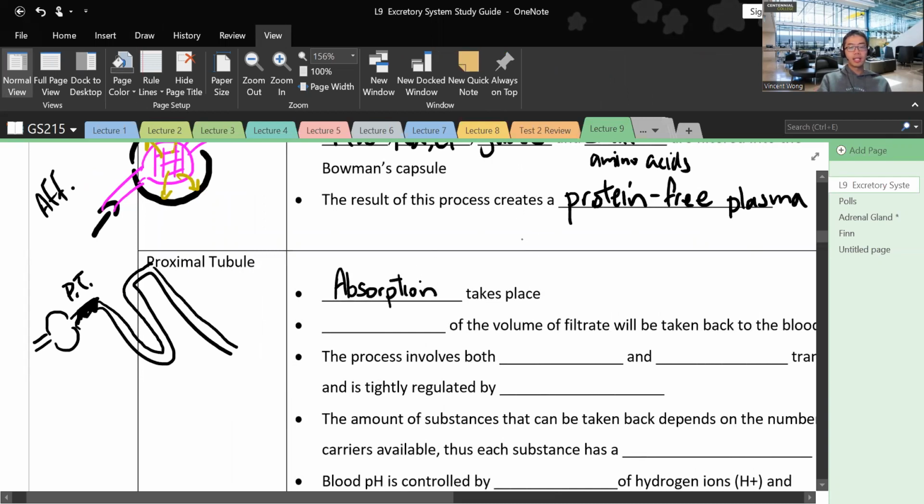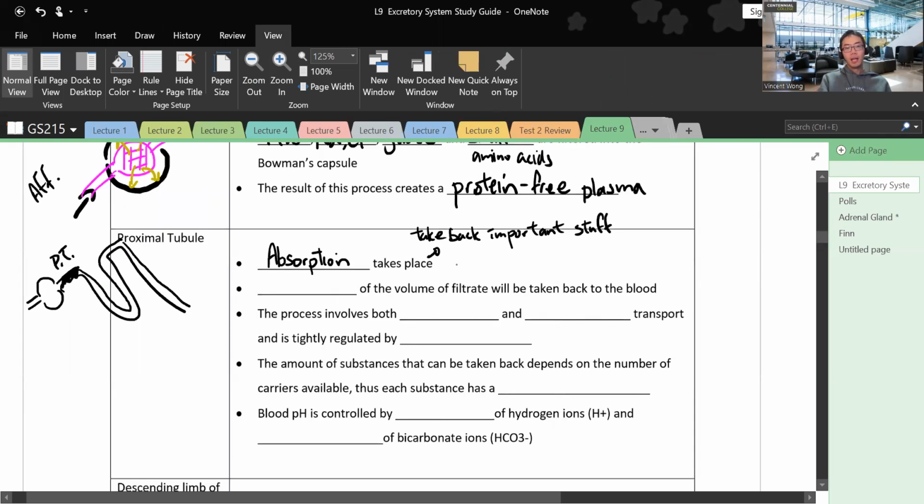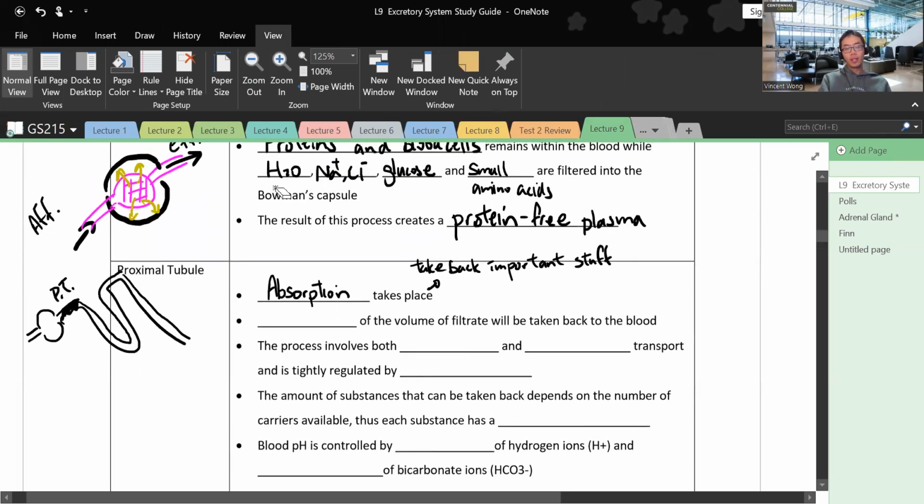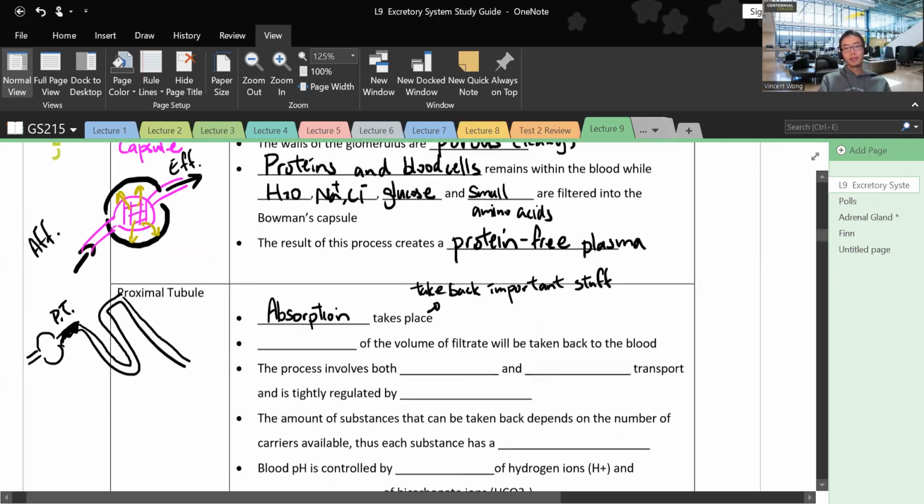Absorption. That's what's going to happen. Right? Basically you want to take back important stuff. Okay. All that water that we lost, we want to take it back. Glucose, we want to take it back. Okay.